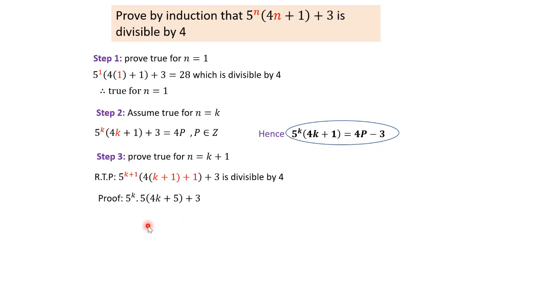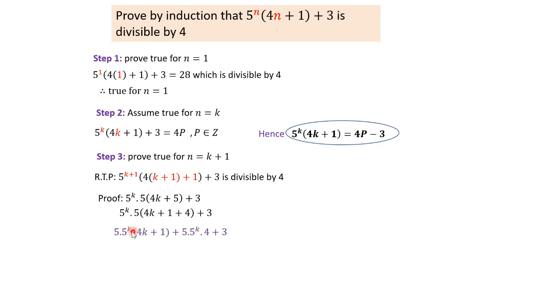All right, so the first thing I'm going to do is this bracket is bugging me because I definitely need it to be a 4k plus 1. So I'm going to rewrite it, without changing the value, as 4k plus 1 plus 4. It's now looking a little bit better. Now I'm going to apply the distributive law where I almost treat this 4k plus 1 as one term.